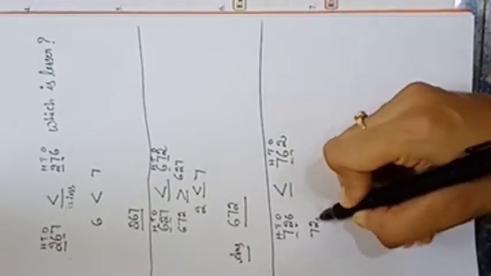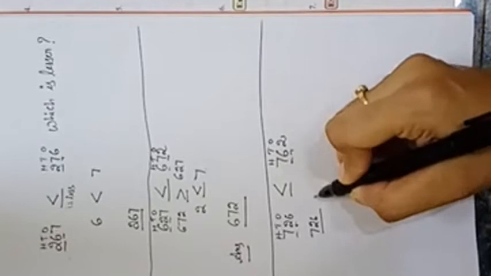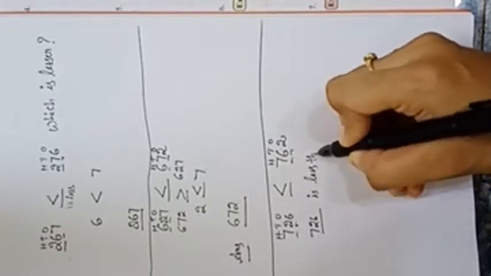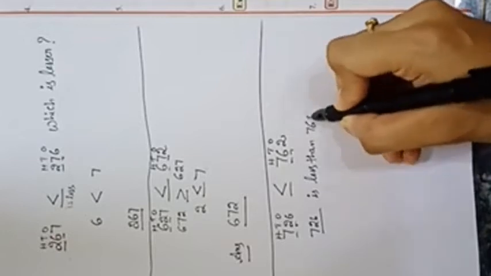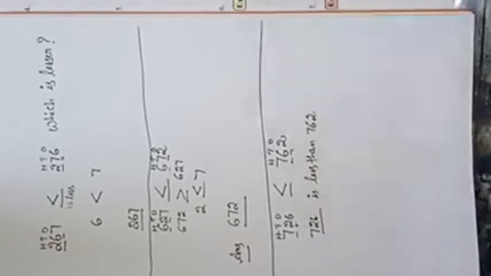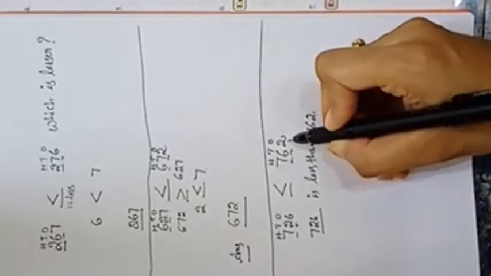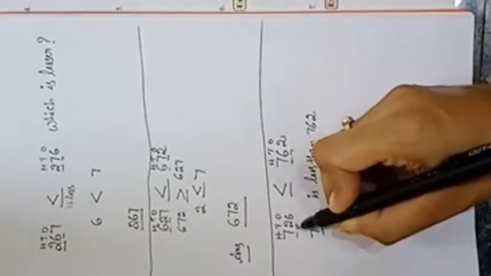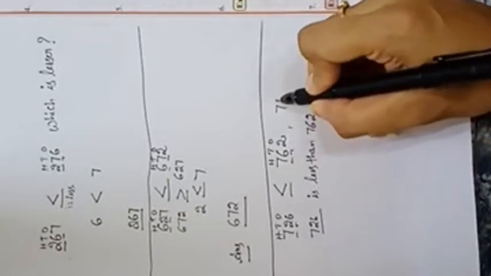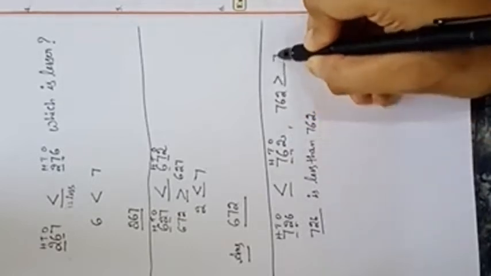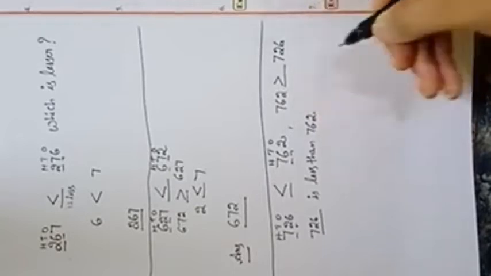So 726 is less than 762. So which is the lesser number? You can also write it like this: 762 is greater than 726.